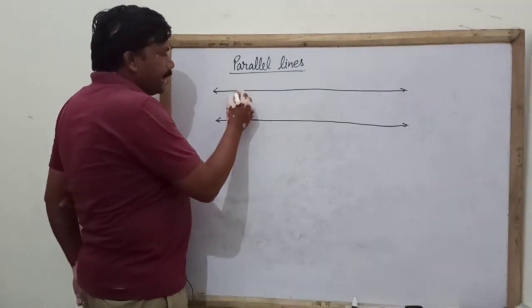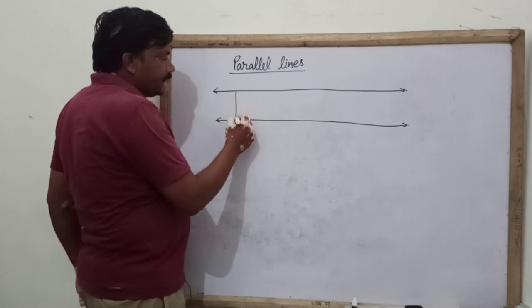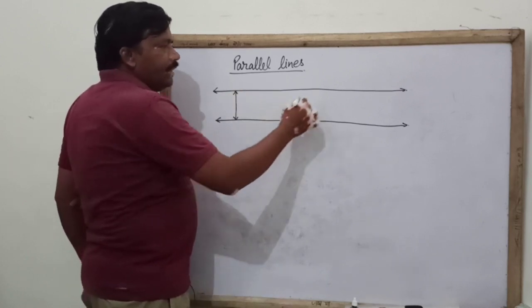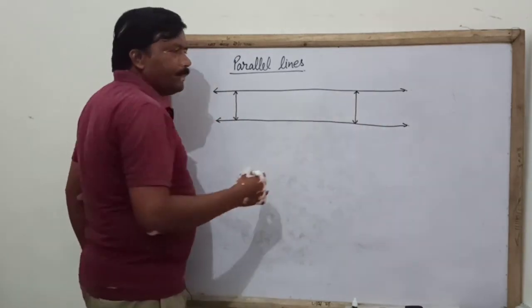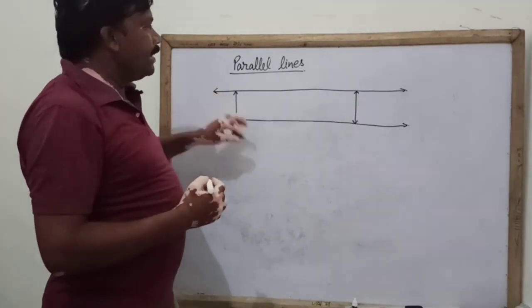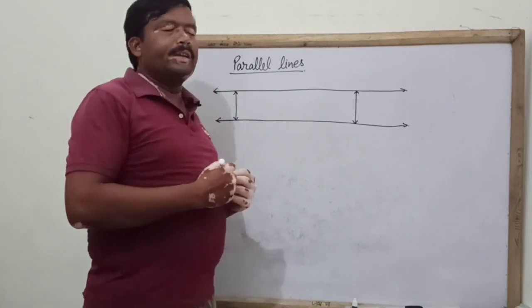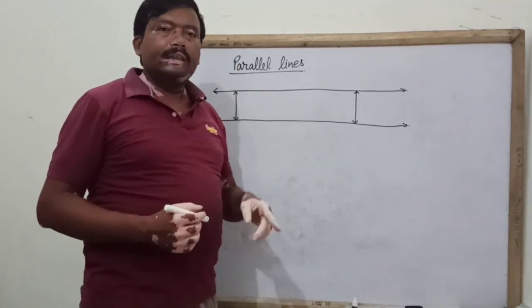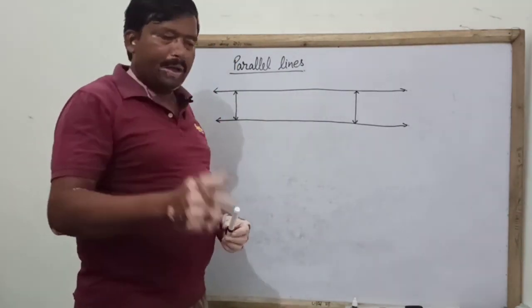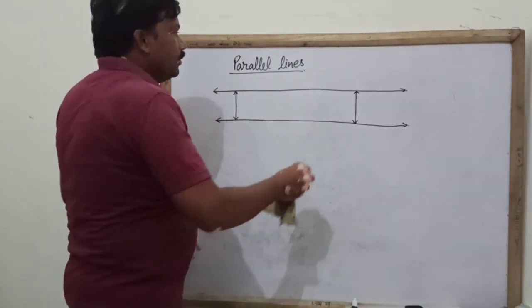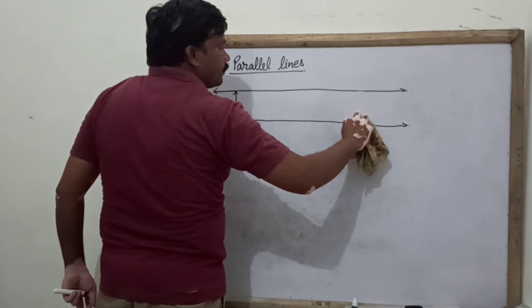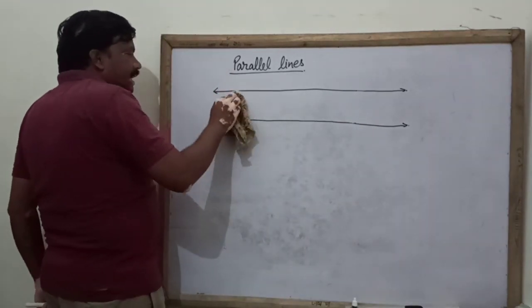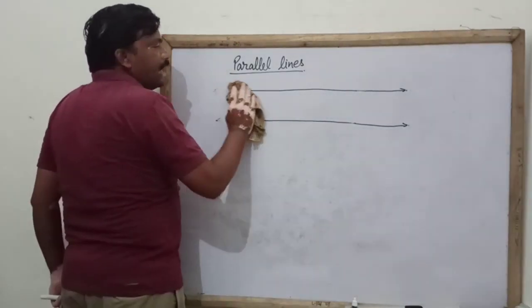Means if we measure the perpendicular distance at any point and any place between the two lines, and the perpendicular distance is the same, then those lines are parallel to each other. So these lines are parallel lines.